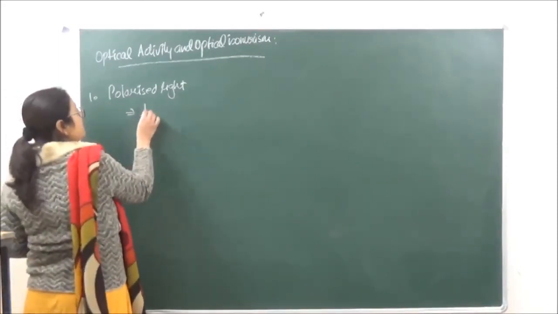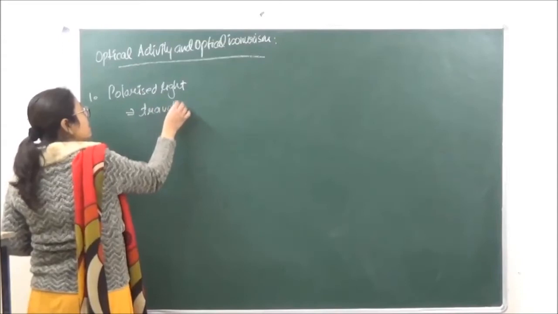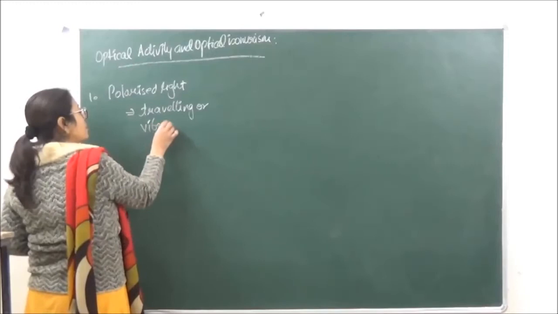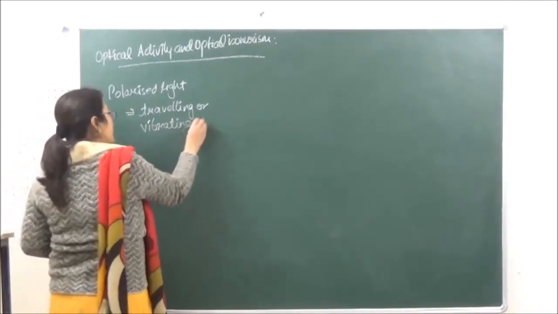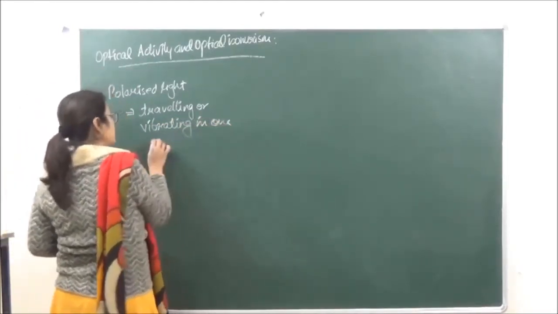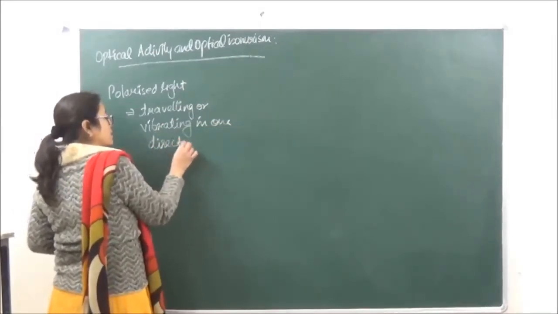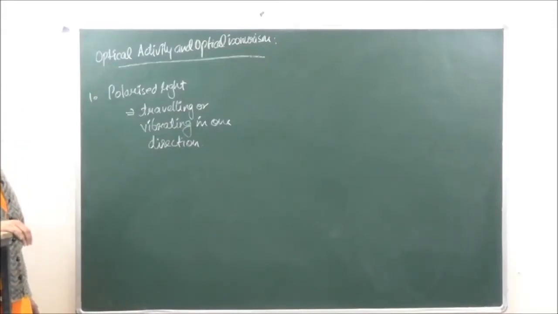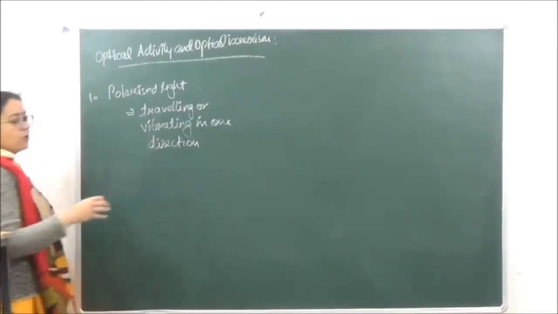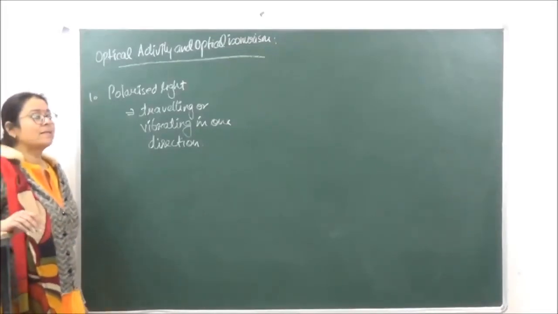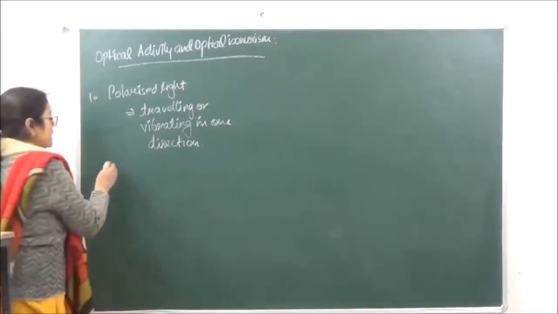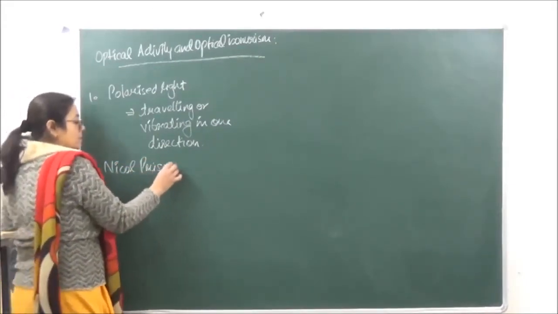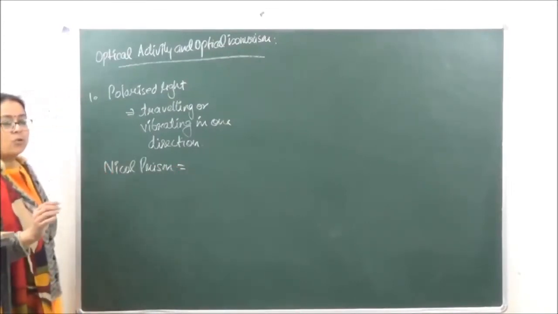So light traveling or vibrating in one direction, that is known as polarized light. Right? How do we make a polarized light? We are passing the ordinary light through a Nicol prism, and this Nicol prism, that is going to be what?